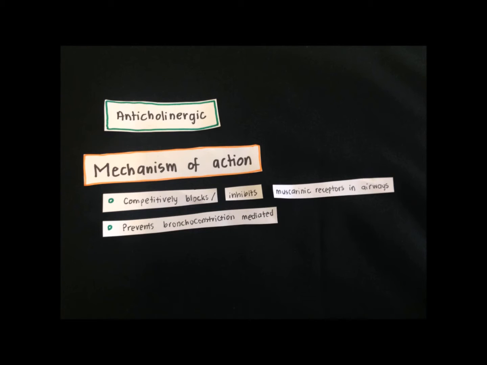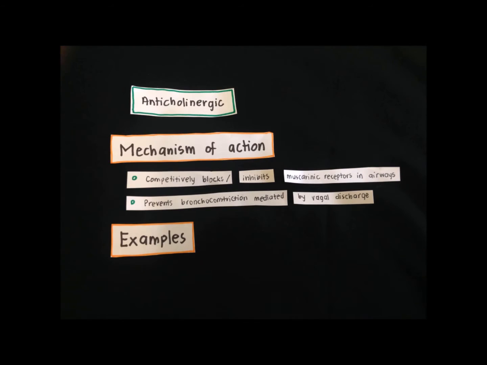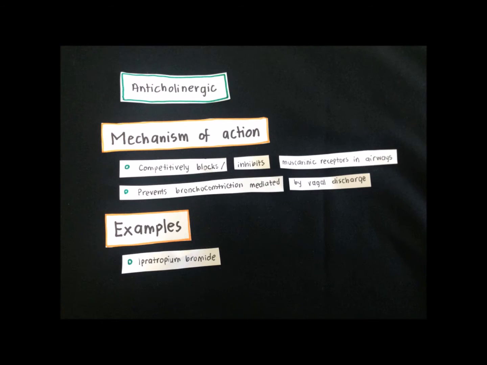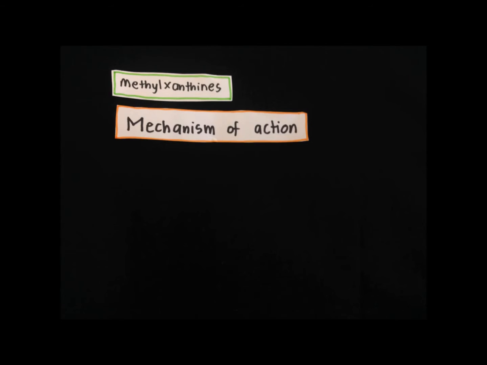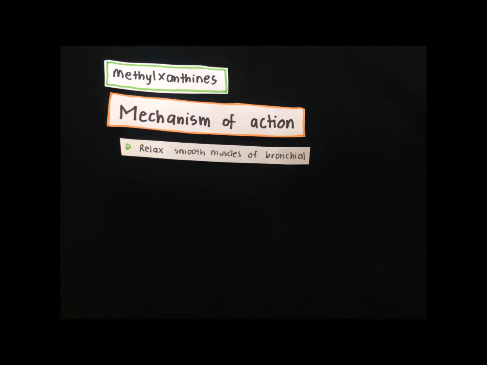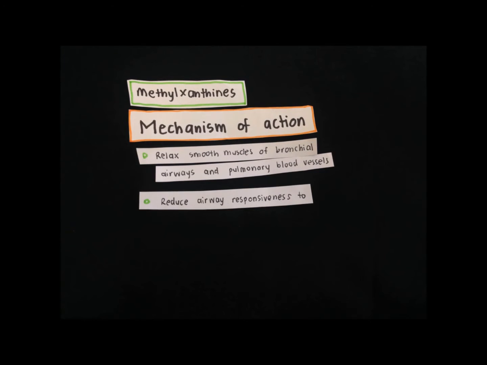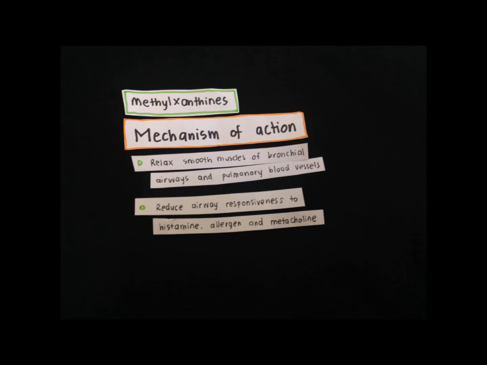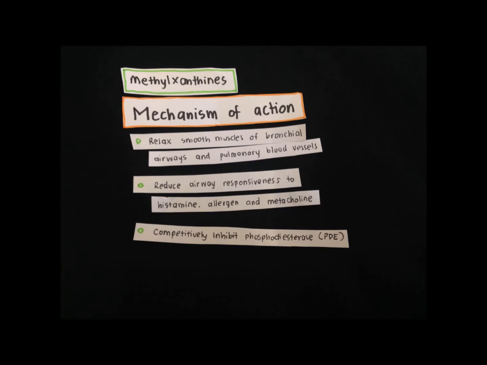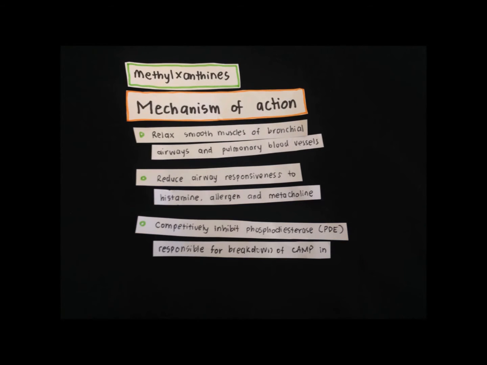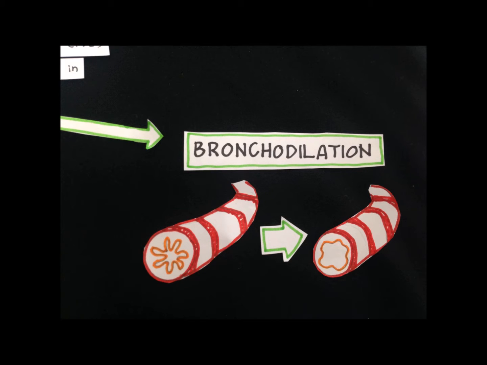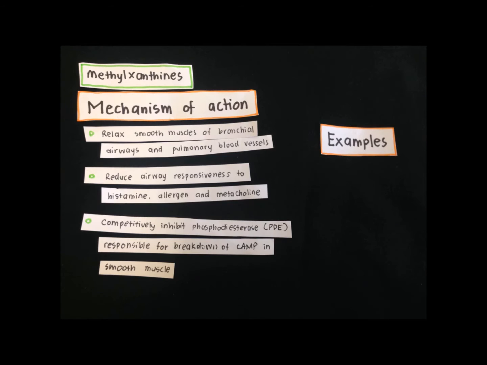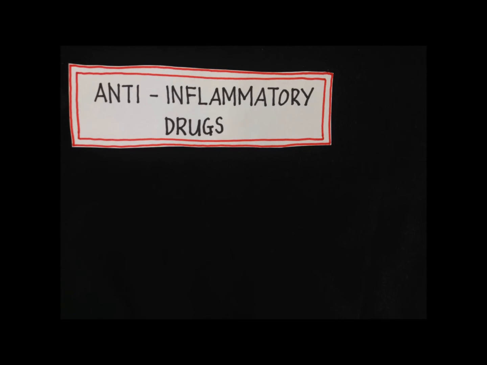Anticholinergics act by competitively inhibiting the muscarinic receptor and also prevent bronchoconstriction. For example, ipratropium bromide. Methylxanthines relax the smooth muscle of the bronchial airway and pulmonary blood vessels. An example is theophylline.